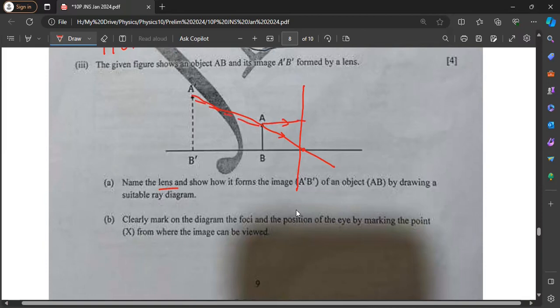Now when you take this again from here, you take a line, proceed, that is the focus. Clearly mark on the diagram the focus and the position of the eye by marking X. So this is X, and okay, no, they want X, position the focus. I should be X.